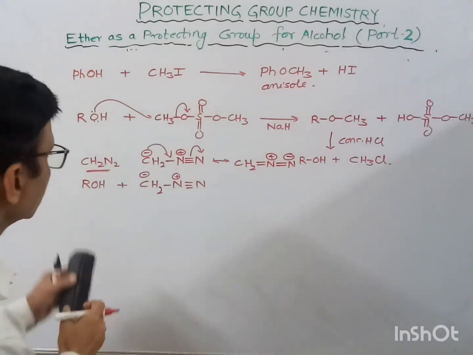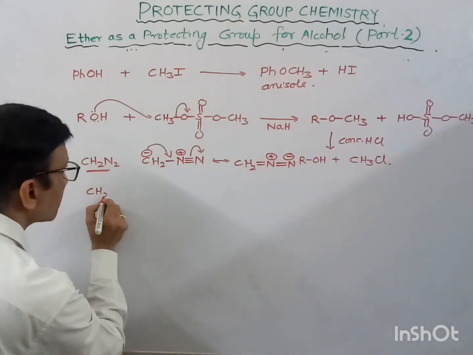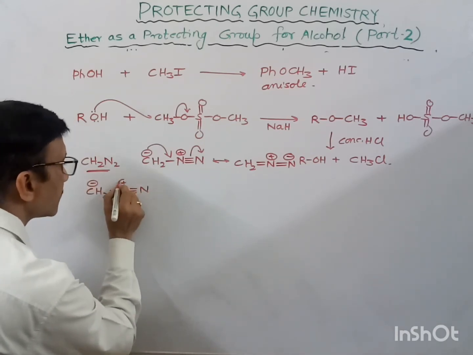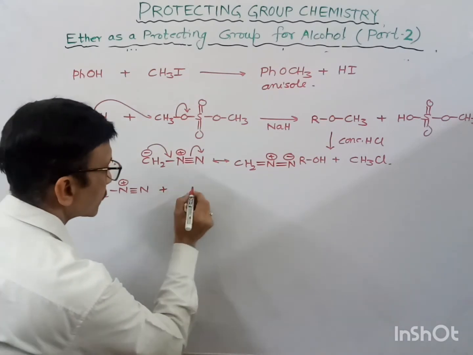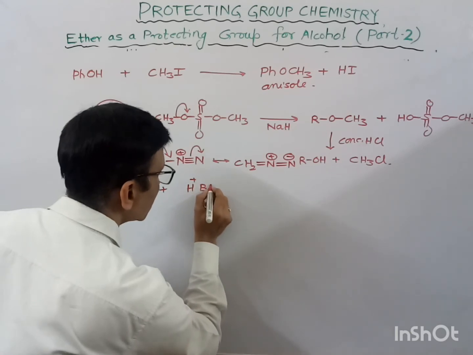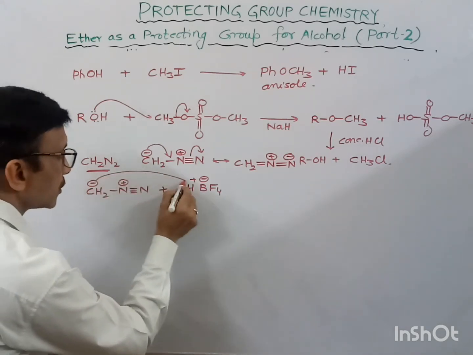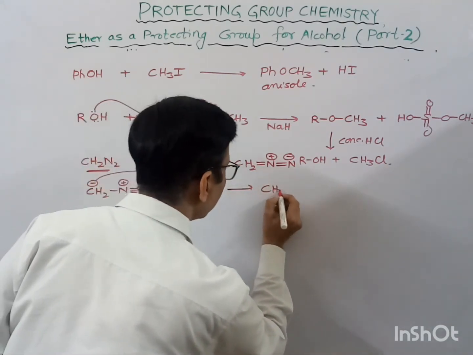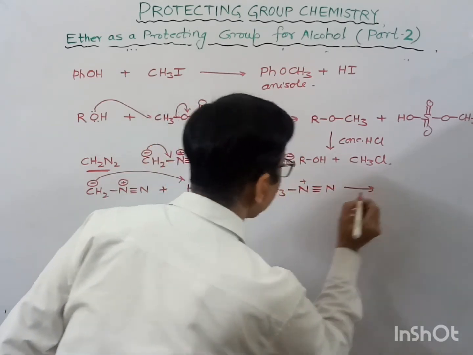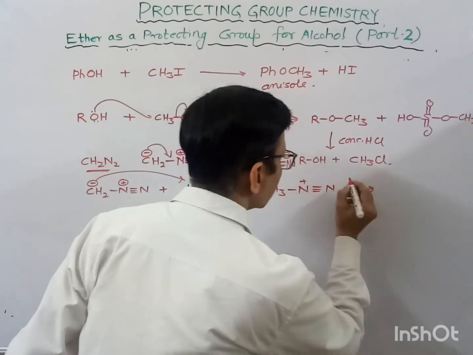First of all, this diazomethane in the presence of tetrafluoroboric acid, so this is tetrafluoroboric acid, will form CH3N2+. And in the next step, this will leave out.